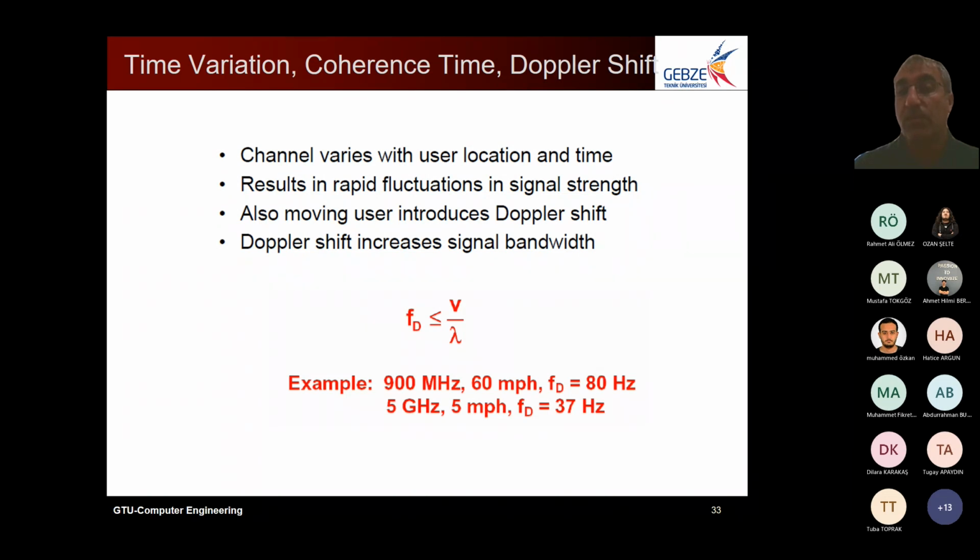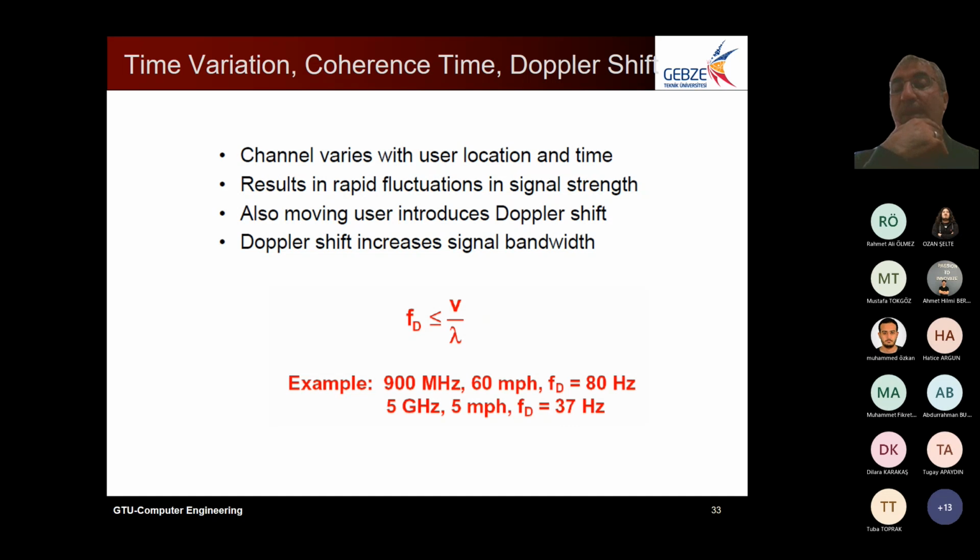This movement, or the location and time change, results in a rapid fluctuation in the signal strength. As I mentioned, the moving user introduces Doppler shift, and Doppler shift can increase your signal bandwidth.